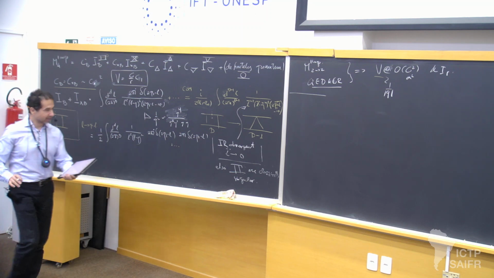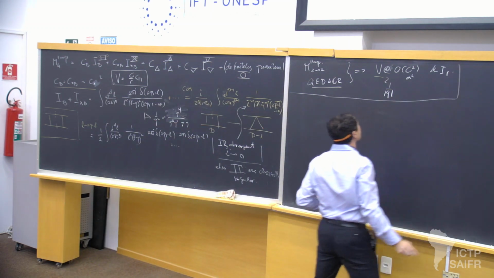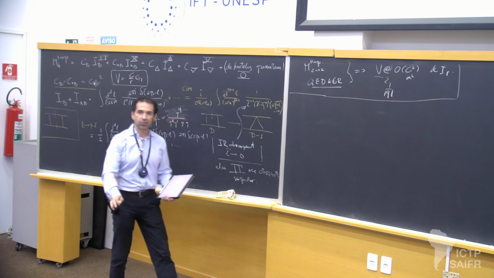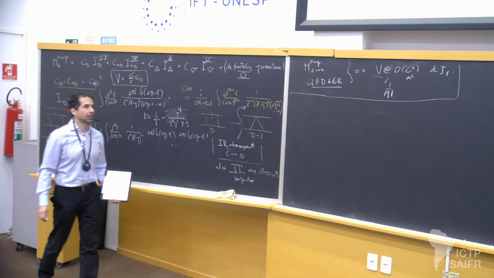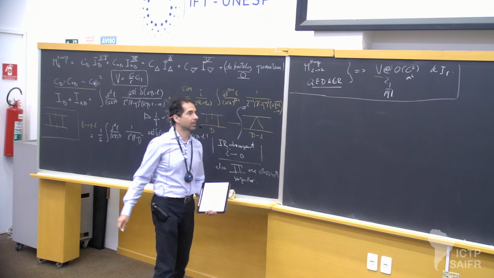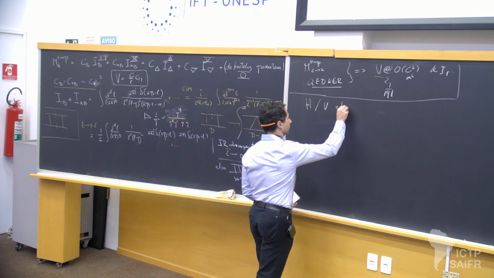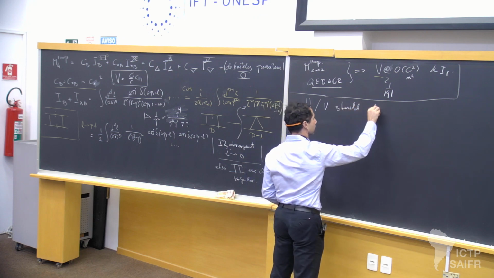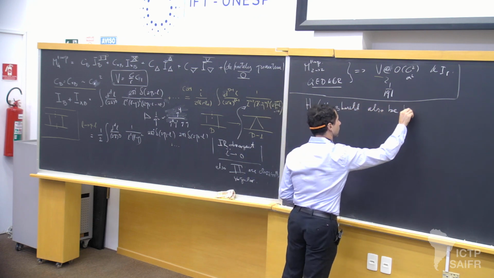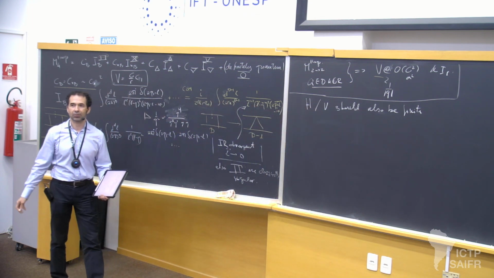Okay, so before observables, there is also something else that should be finite. Anybody can guess? Right, the potential should also be finite, or the Hamiltonian should also be finite.